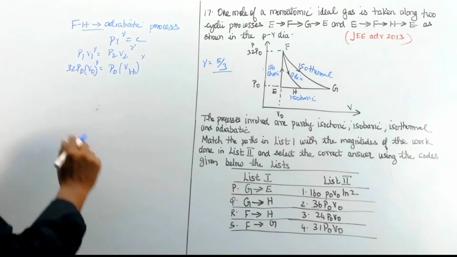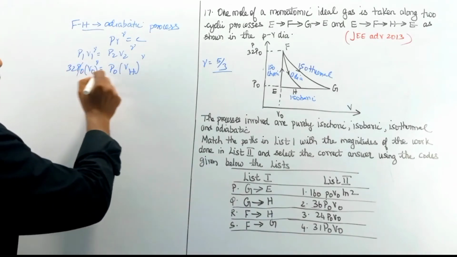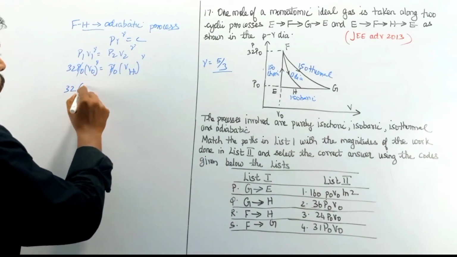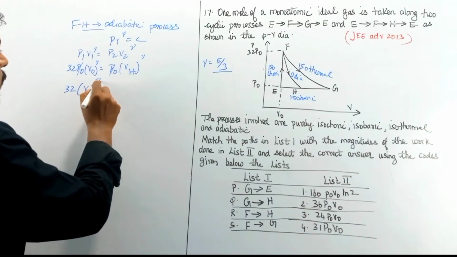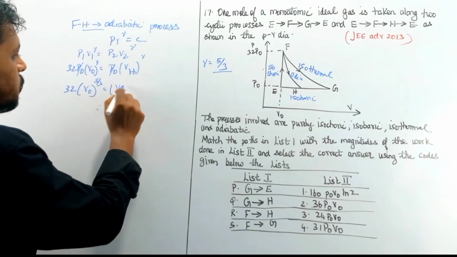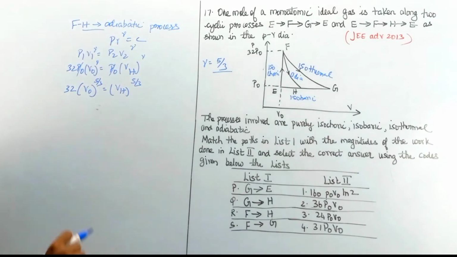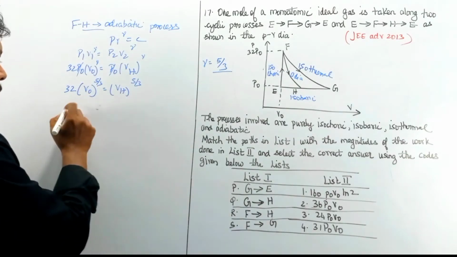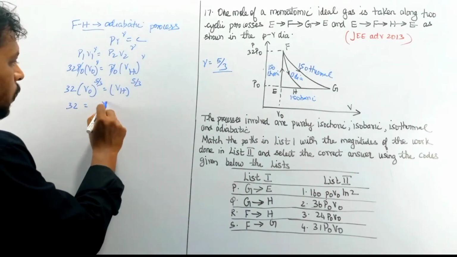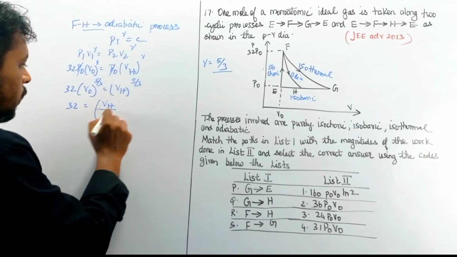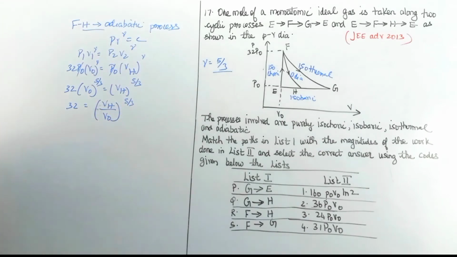So P naught and P naught get cancelled. We have 32 V naught power 5 by 3 equal to VH power 5 by 3. Now take V0 to this side: 32 equals VH by V0 power 5 by 3.